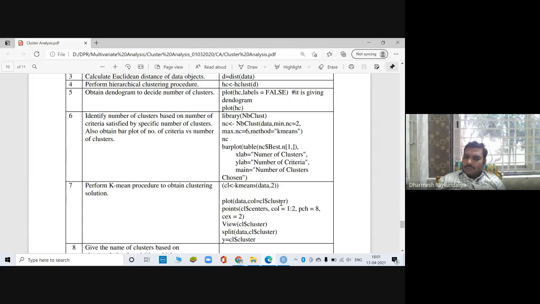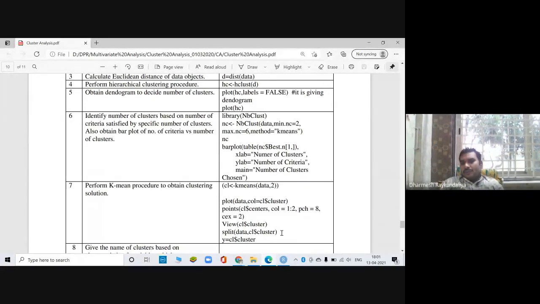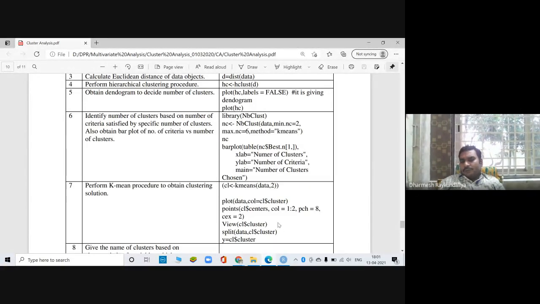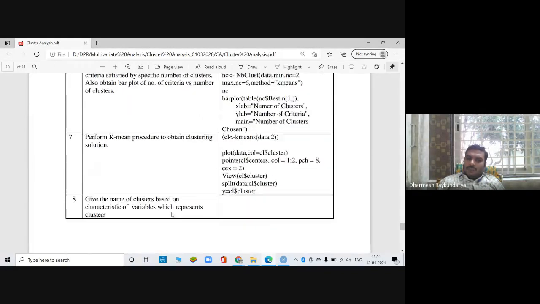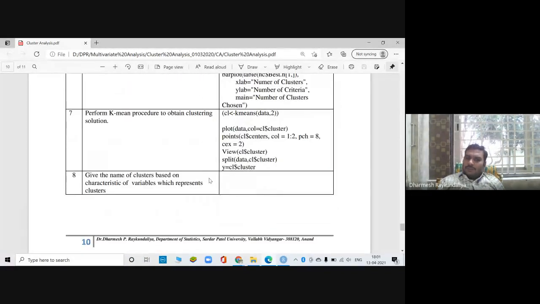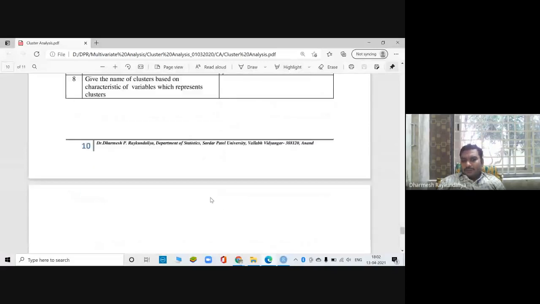It has the cluster membership, either one or two, and then you can load the data. Then you can have an idea of how the data are shown in the diagram. Then you can plot the center values. You can also find the centers and then view the file. You can split the data by the clusters, and by looking at the profiling of the variables, the characteristics of the variables, you can give names to the clusters.